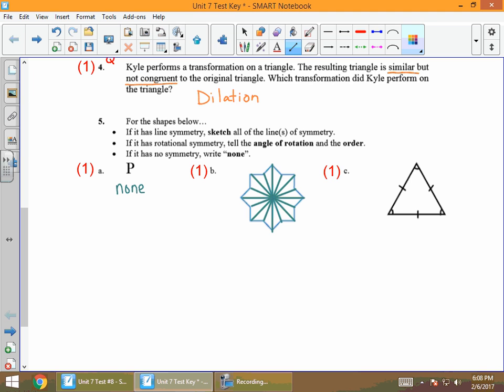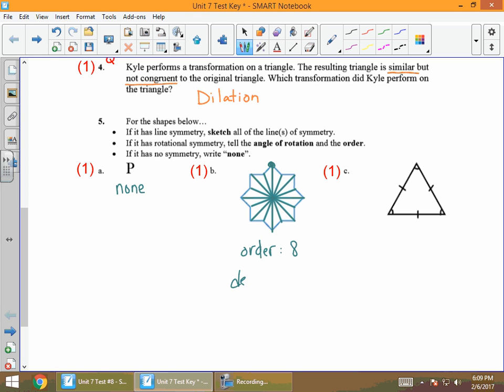So you had to have all 8 lines of symmetry in there. And then it says if it has rotational symmetry, to tell the angle of rotation and the order, and it does. The order is, if you think about this point, I could move 1, 2, 3, 4, 5, 6, 7, 8 times around. So the order is 8.